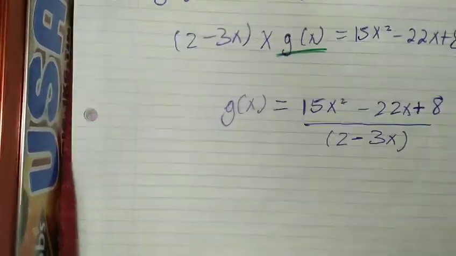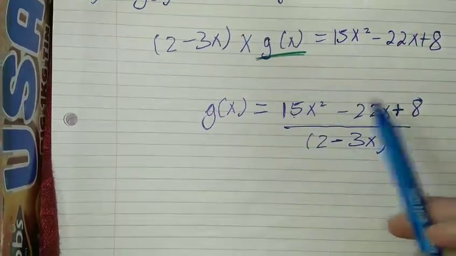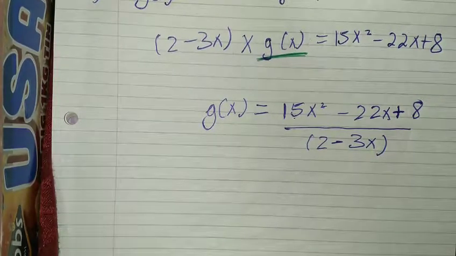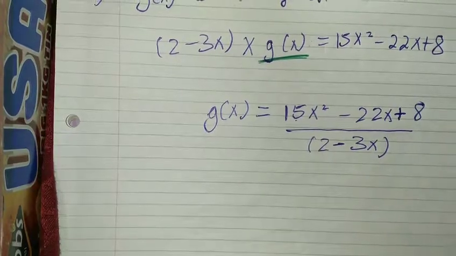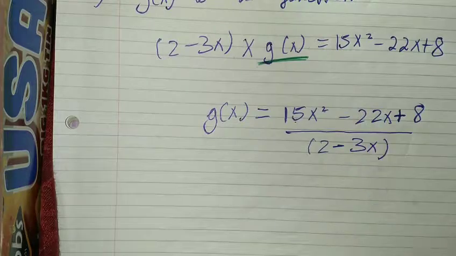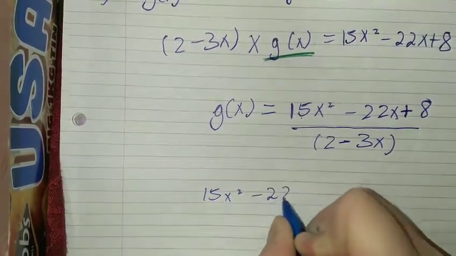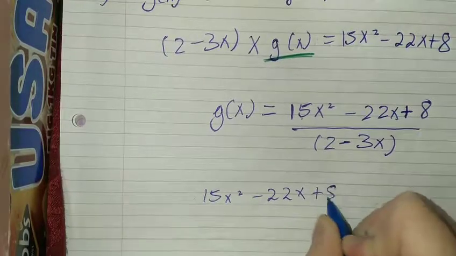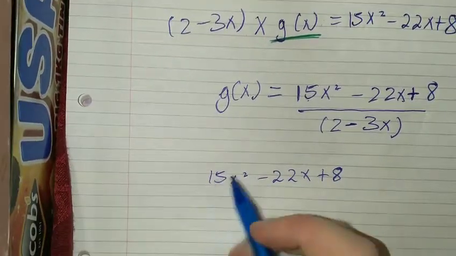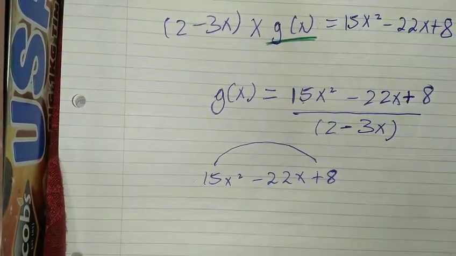So what it might be handiest to do first is factorize this and see if anything will cancel, or we can do long division. So I might try first and factorize and see if anything will cancel for us. So if we wanted to factorize 15x squared minus 22x plus 8, usually I use a method called the guide number method, where you multiply the coefficient of the x squared, which is 15, by 8.